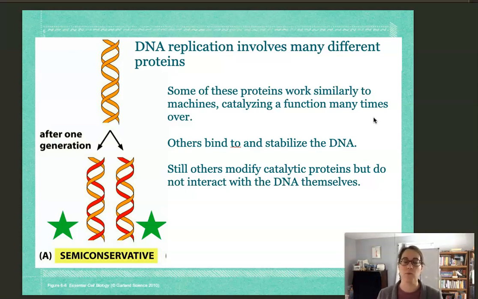They don't perform a very important catalytic process, but they are still crucial for the success of replication. Other proteins will not actually interact with DNA, but they interact with proteins that interact with DNA. So they're one step removed.